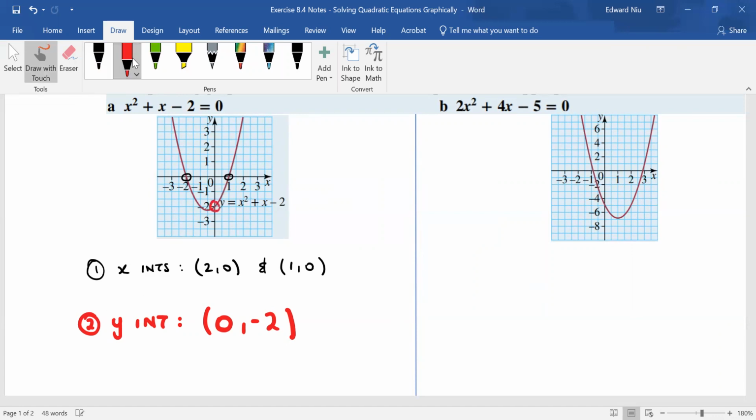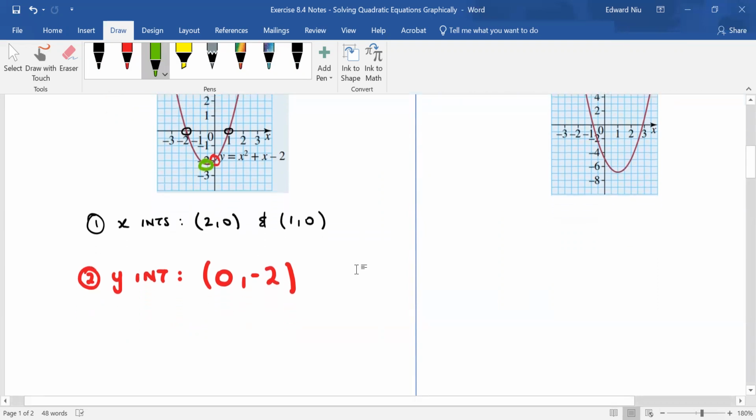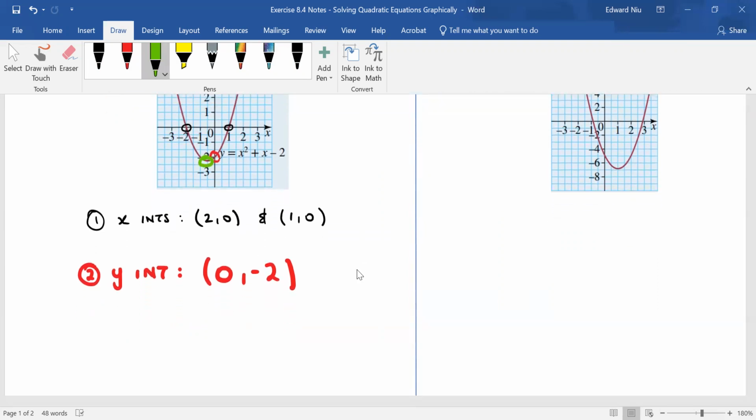turning point. Okay, and then lastly, we've got the turning point, which we'll do in green. So the turning point is where the gradient changes from a negative. So we've got a negative gradient all the way down to no gradient, and then it turns back into a positive gradient. So the third part is turning point, which is what we call TP.